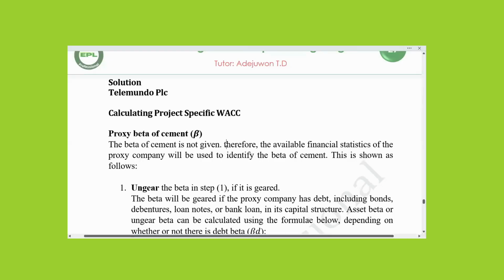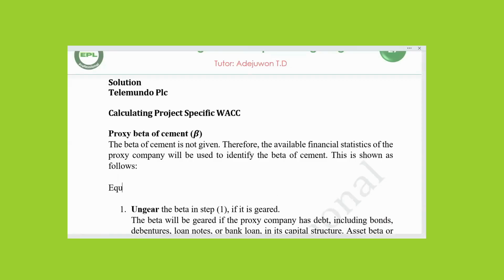I will then come here. According to the question, you are given equity beta. We are given equity beta of 1.82. This equity beta is a combined equity beta. Let me write it down. You are given combined equity beta.